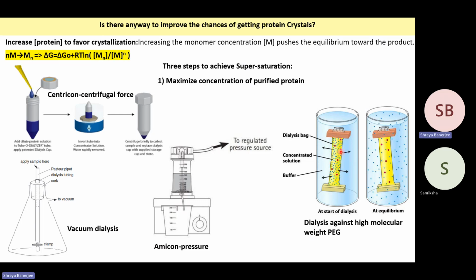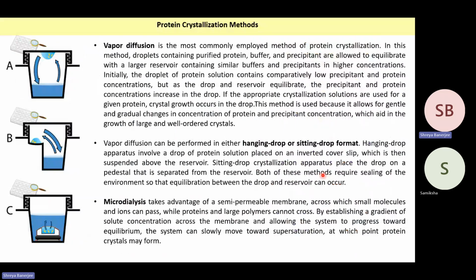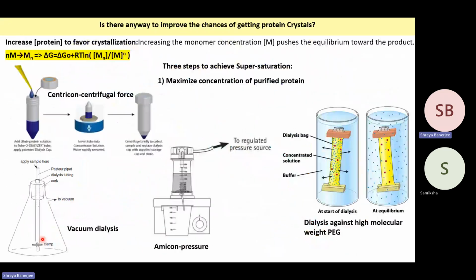This red molecule is the protein, and you can see that inside the dialysis bag, if you take the protein along with a high molecular weight molecule like polyethylene glycol, and then you allow it to equilibrate, then again, like we saw in crystallization, with the semi-permeable membrane or the dialysis bag. This is a similar concept where you can use the dialysis bag to reach the optimum concentration of the protein that is required for crystallization.